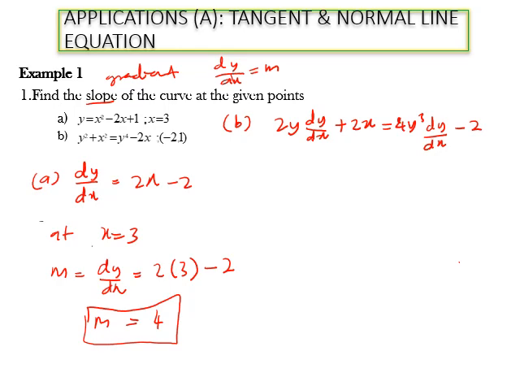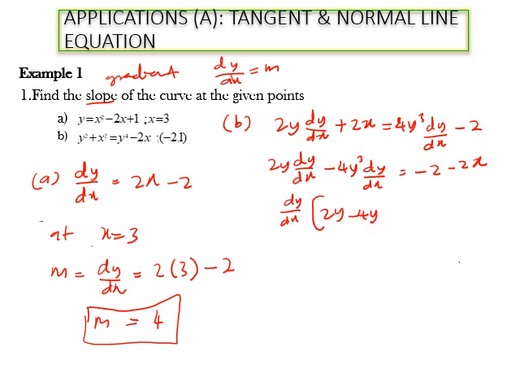Then we move the dy/dx terms to the left, and terms with no dy/dx to the right. So 2y dy/dx minus 4y to the power 3 dy/dx equals negative 2 minus 2x. Then we factor out dy/dx, so dy/dx equals negative 2 minus 2x, divided by 2y minus 4y to the power 3.